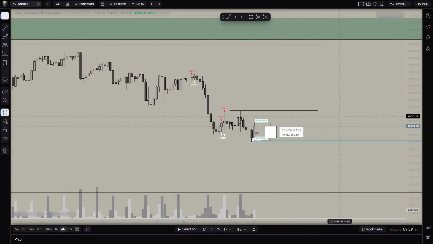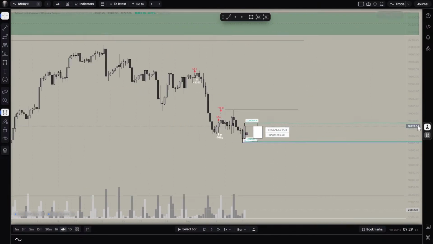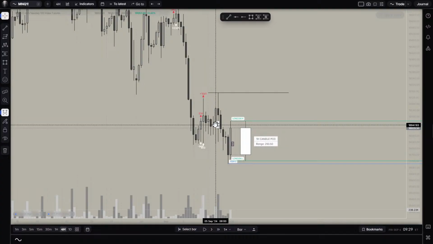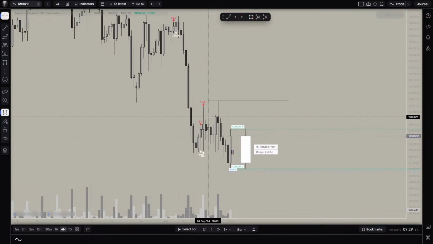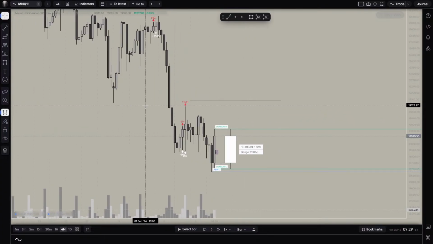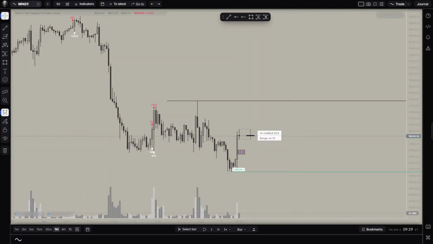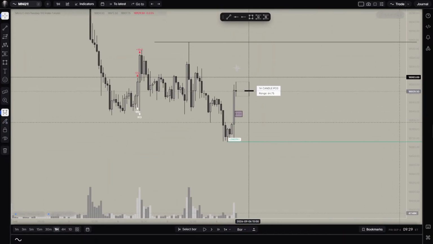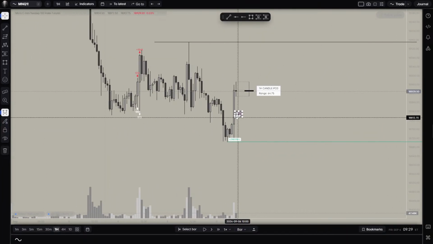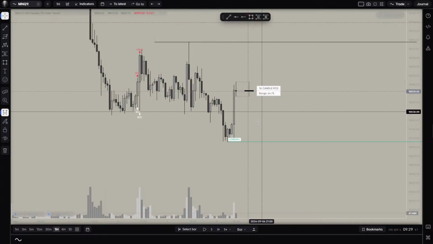We might target the previous daily high. Let's go to 4 hour. 4 hour seems good, okay, 4 hour seems bullish. Also seems bullish, and we have disrespected this gap and created another imbalance.